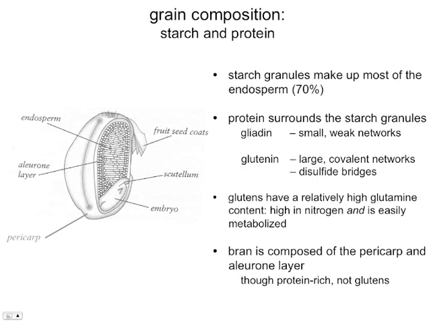So it's a smart choice as a nutrient to increase the concentration of glutamine in your food stock. Bran, as we've mentioned already, is composed of this pericarp and the aleurone layer, protein rich as well, not gluten rich, however.